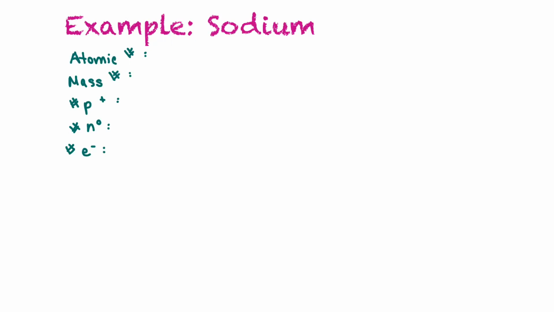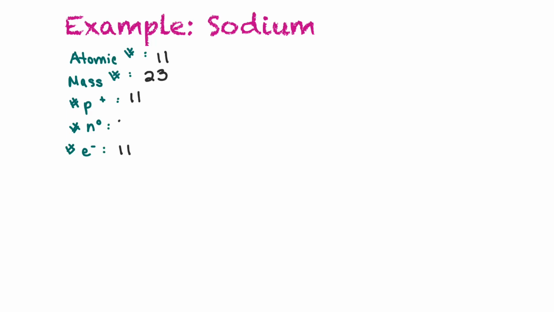Now let's try with sodium. So sodium is also on the left-hand side, if you look down below lithium. So our atomic number for sodium is 11. And the mass number is 23. And the number of protons is 11, and so is the number of electrons.